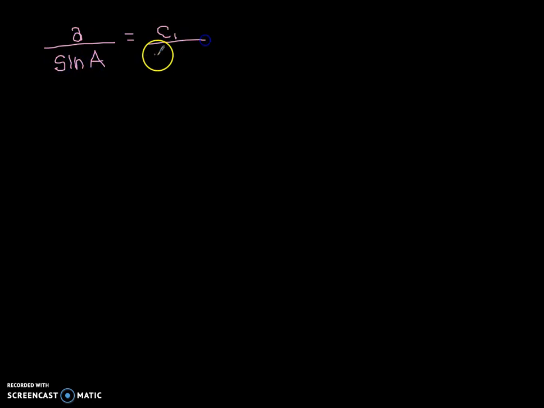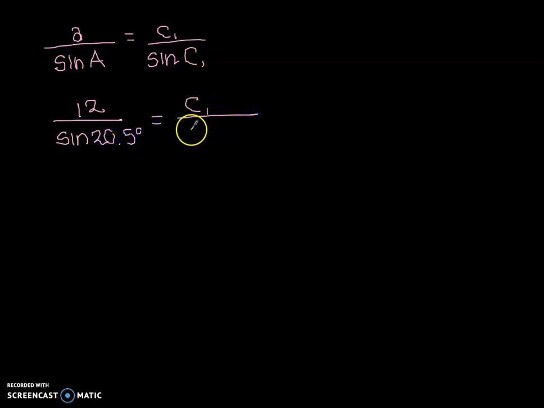So from here, moving on to the next page, I'm going to use A over sine of A equals C sub 1 over sine of angle C sub 1. And that would give me 12 over the sine of 20.5 degrees equals C sub 1 over the sine of 94.7 degrees. And then we're just going to cross multiply again.